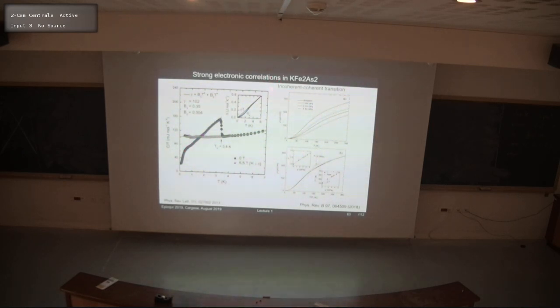Another interesting feature is that the resistivity is very close to reaching the Mott-Ioffe limit at room temperature, and it shows quite bad metallic behavior before becoming more metallic-like. And this has been suggested to be a signature of an incoherent to coherent transition in transport in the same compound.